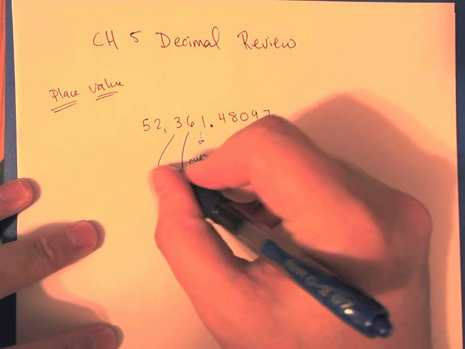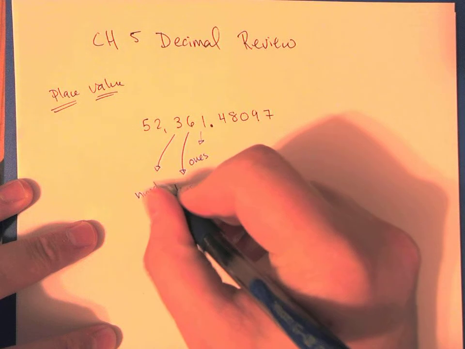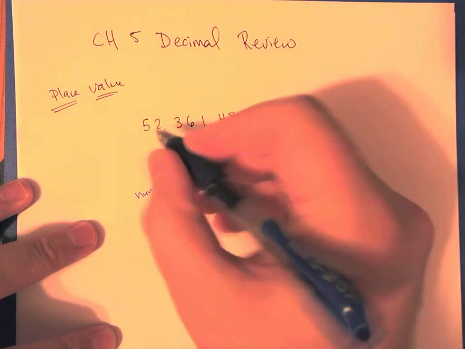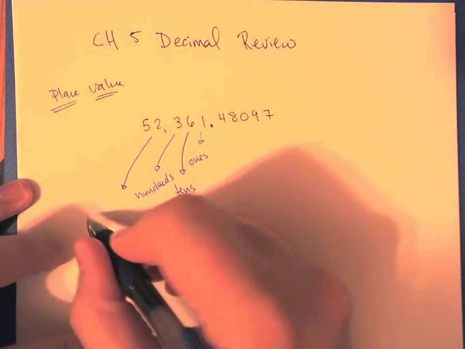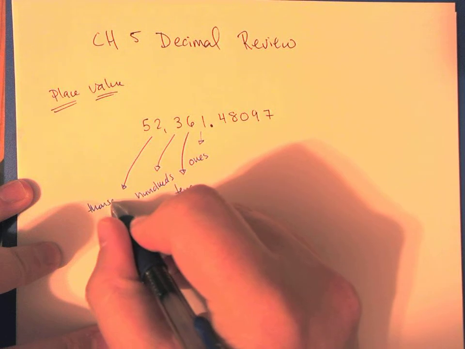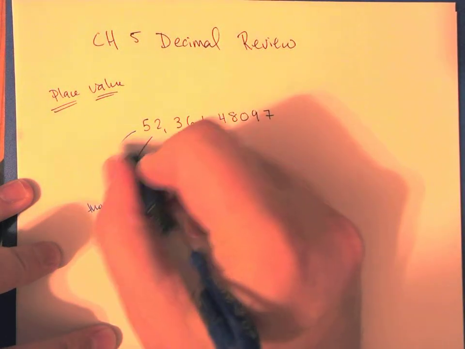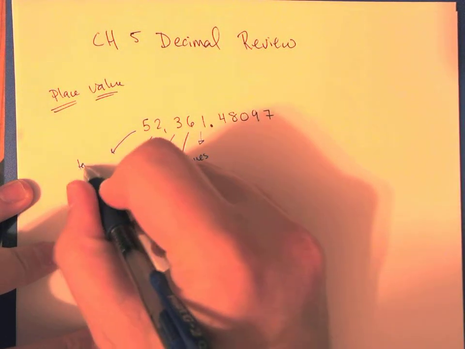Moving up, 3 is in the hundreds. Our 2 here is in the thousands. And then the 5 would be in the 10,000s.